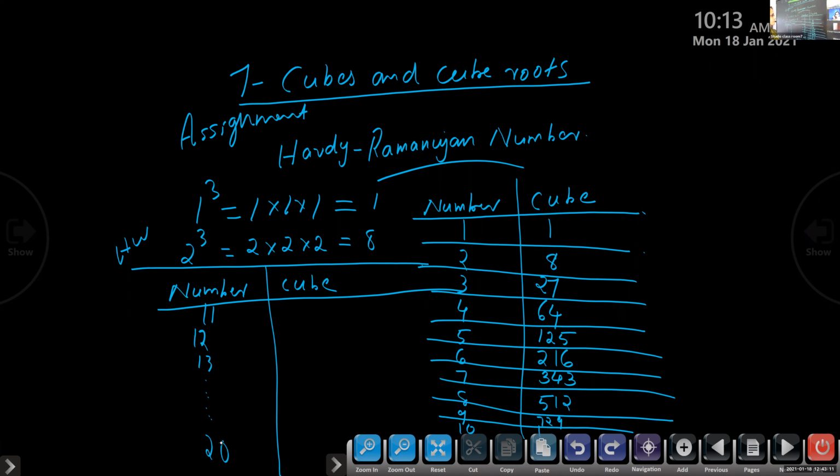Okay. For the next period, complete this table, cubes of 11 to 20.